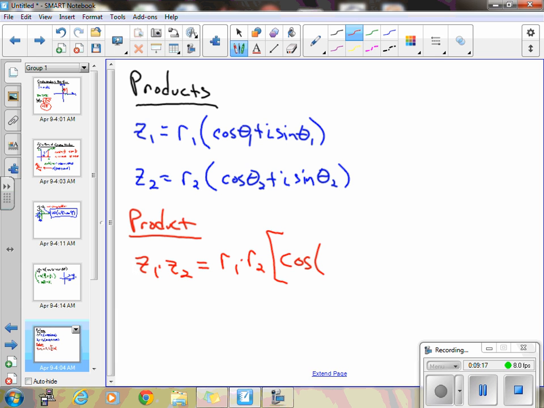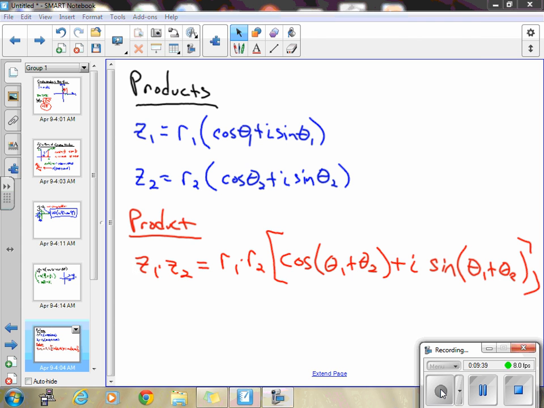But for the angles, we take the cosine of theta sub 1 plus theta sub 2, plus I times the sine of theta sub 1 plus theta sub 2. So we'll take a look at an example of that here.